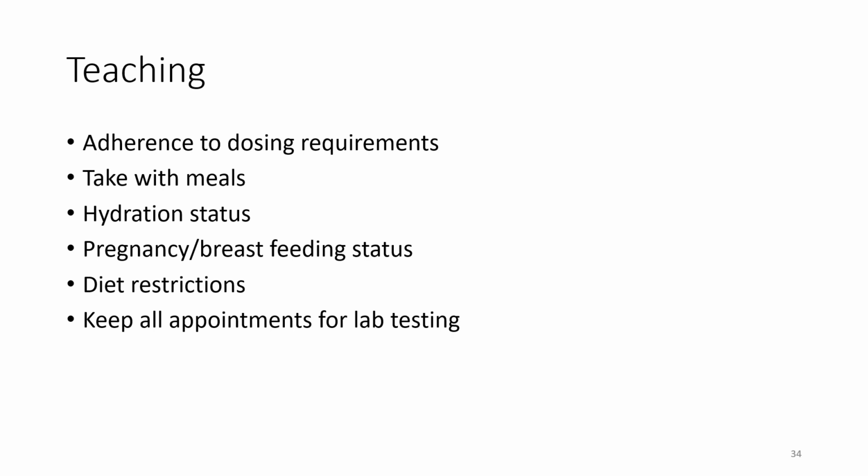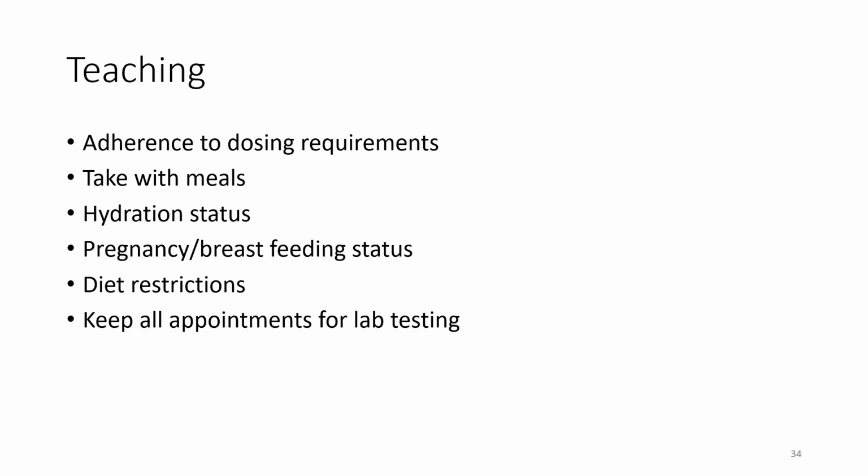Now, we did talk about taking those aluminum-based antacids, and we wanted to make sure that they're at least 3 hours in between taking those with their anti-gout medications. We want to assess pregnancy status and whether they're breastfeeding or not, because these drugs do cross over into breast milk, and the effects on infants have not been proven.